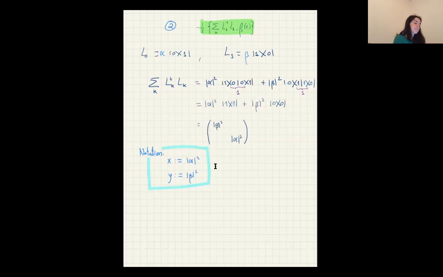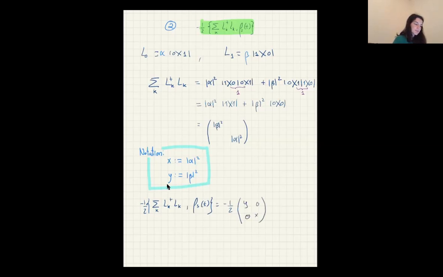But what we need to do is minus 1/2 of the sum over k. So that's going to be minus 1 over 2, and here we have y, x, 0, 0.